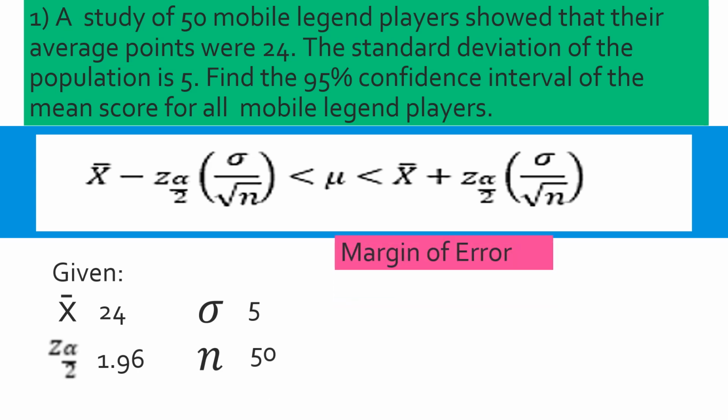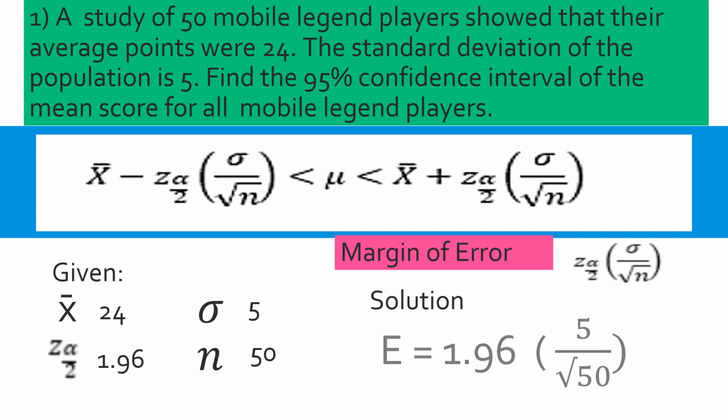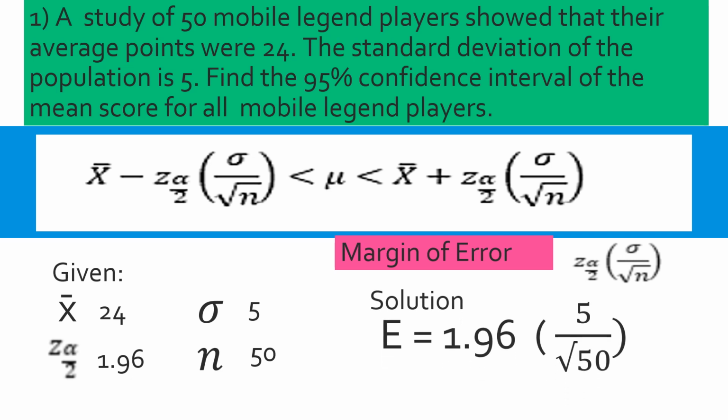Then after listing down the given data, first thing to do is to compute for the margin of error. So we have Z sub A over 2 times the quantity of SD over the square root of N. So the solution for E, which is the error, is 1.96 times the quantity of 5 over the square root of 50.